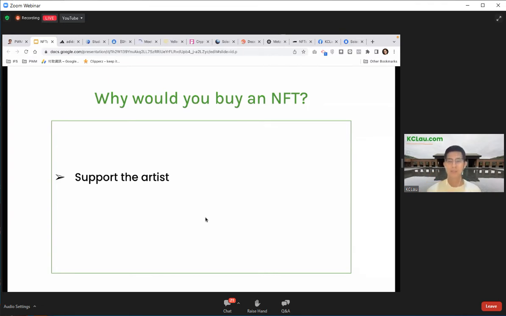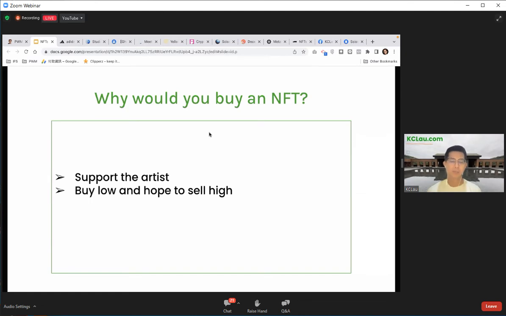That means you are his fan. You really want to pay him for his work. For example, you are NMV's supporter, and when he launches an NFT, you want to support him, you can pay money and buy his NFT. That's it. It's just a way for you to support the artist, just like you go to their concert. So this is a valid reason to buy an NFT.